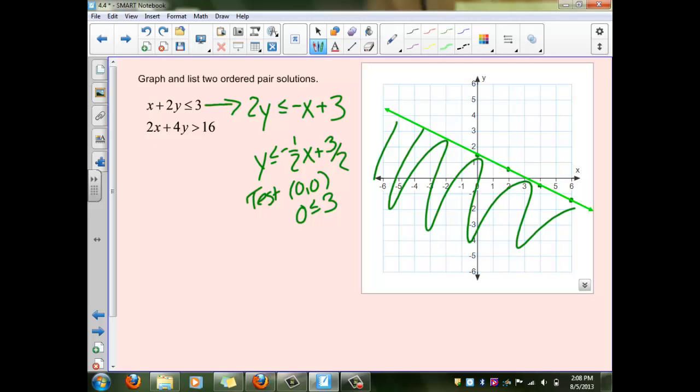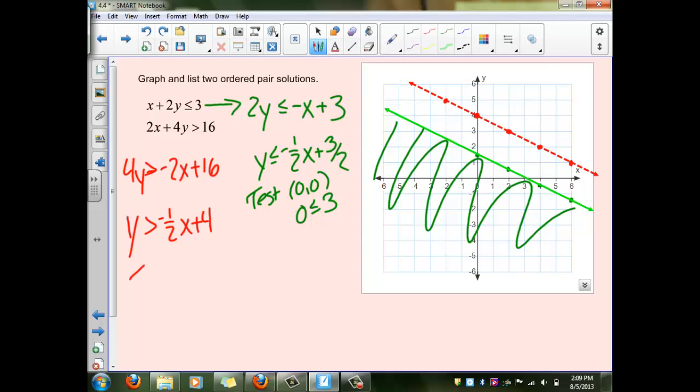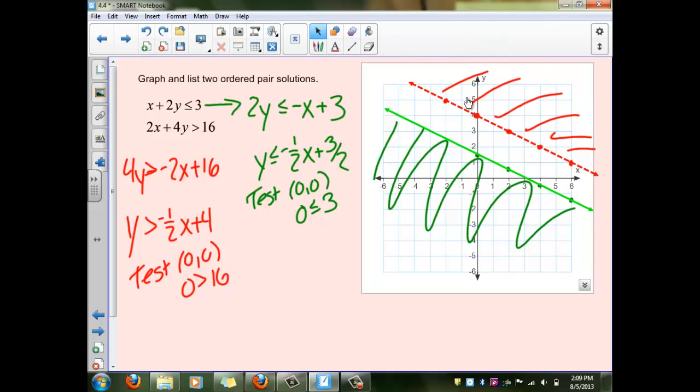Solving this other one for y. Now if we test 0, 0 on this one, we'll have 0 greater than 16, which is false. So you would shade this side. So now what area do they have in common? Well, they have no area in common. So our answer is no solution.